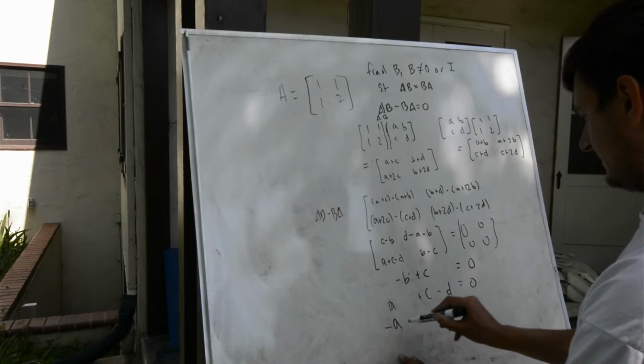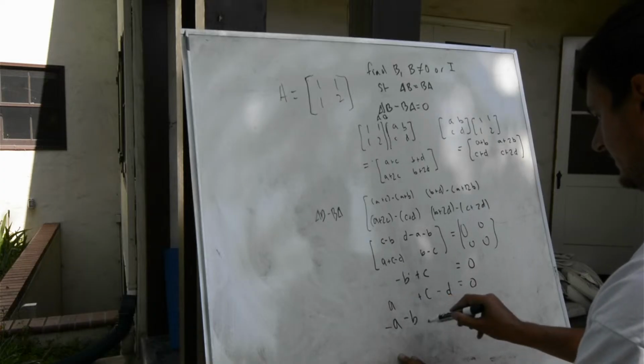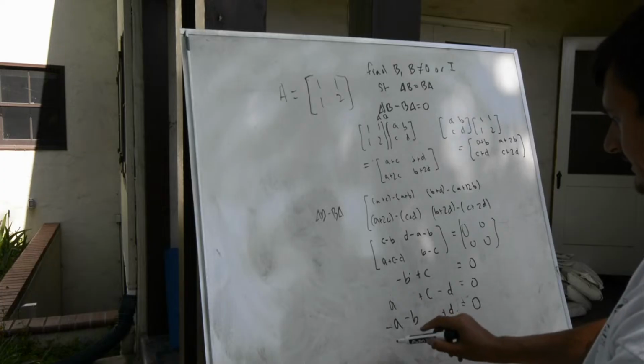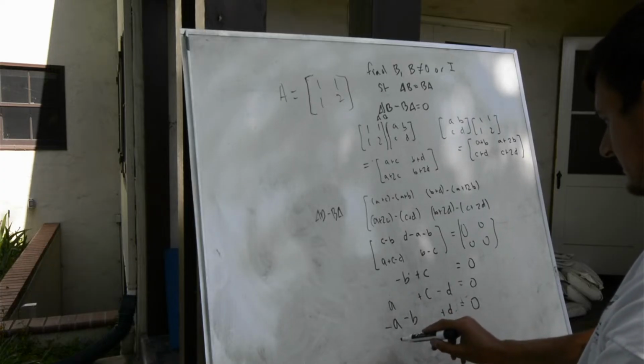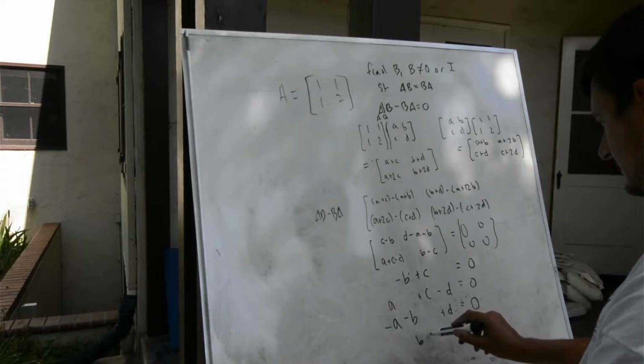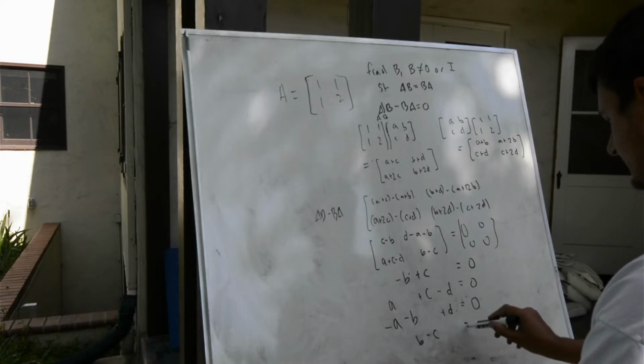Minus A minus B plus D is equal to 0. And finally, B minus C is equal to 0.